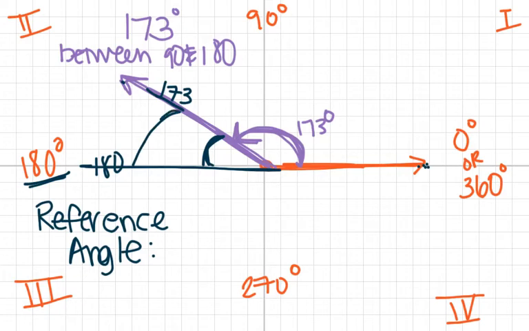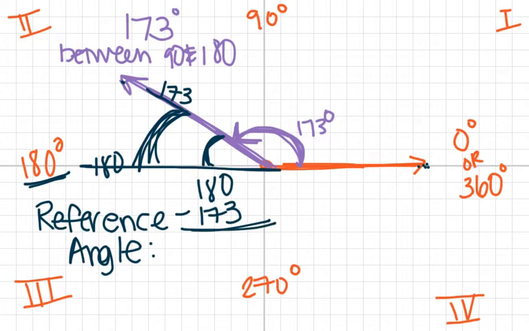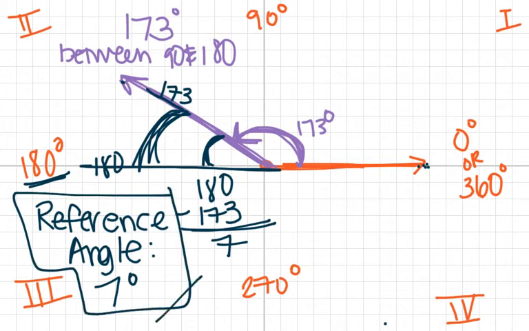We want to know this space here. So how far is that? Well, let's subtract. What is 180 minus 173? And if you subtract that, you will get, let's see, we get 6. No. Sorry, we get 7, all right? So our reference angle is 7 degrees. And what quadrant does it fall in? It's in quadrant 2.